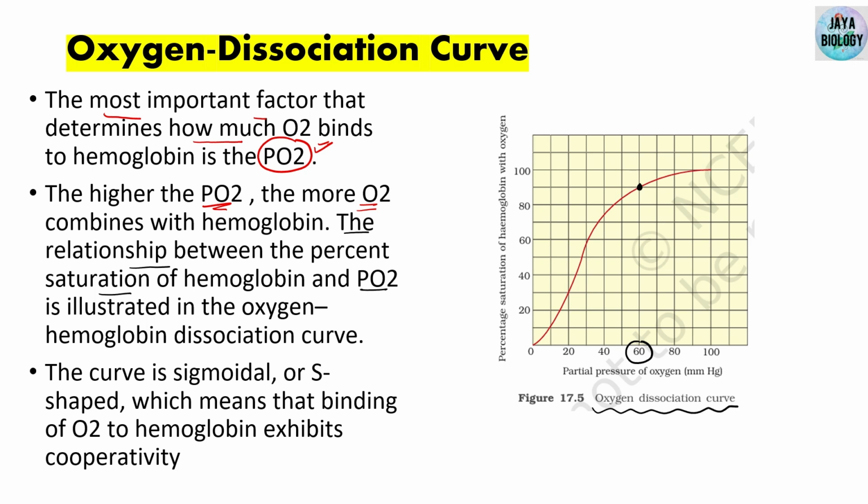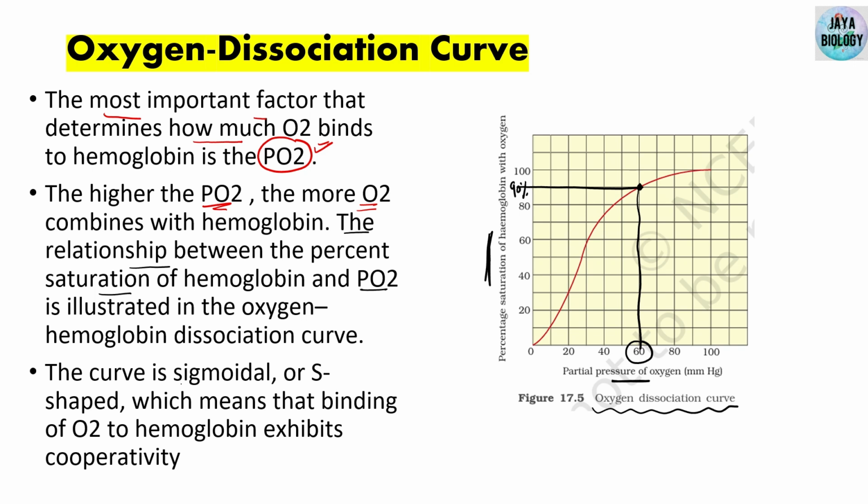Clear? So this is percent saturation of hemoglobin with oxygen, and this is the partial pressure of oxygen. So when the partial pressure of oxygen is more than 60, you can see here it's more than 60, then it is nearly more than 90% and above saturation.